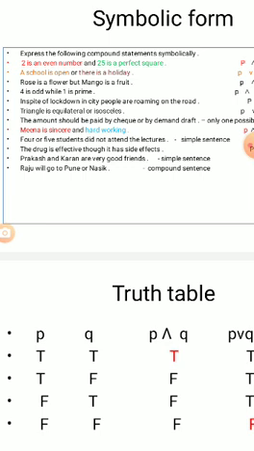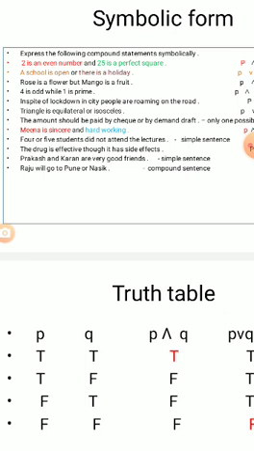Now next sentence. Prakash and Karan are very good friends. Now this statement contains and, but it does not connect two sentences. It connects two nouns, Prakash and Karan. So this sentence or this statement is not a compound statement.